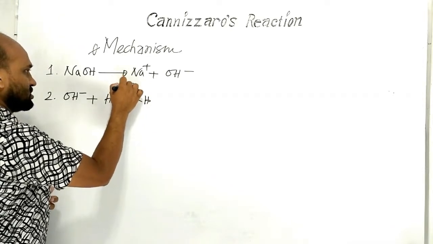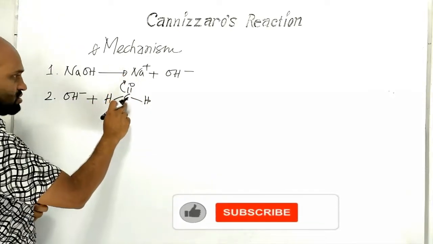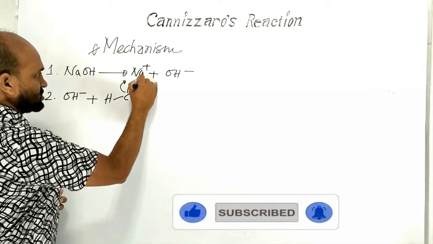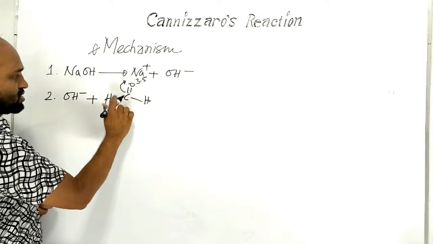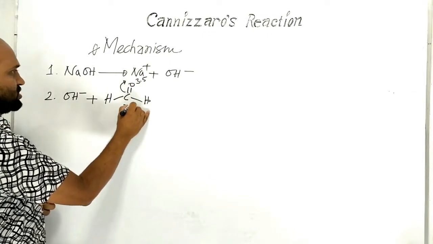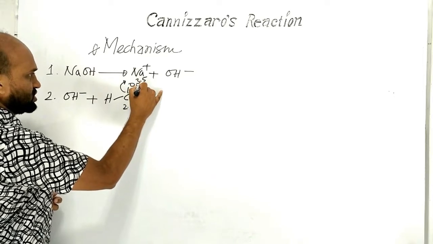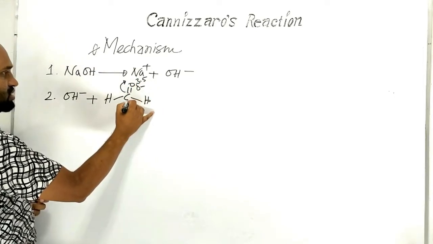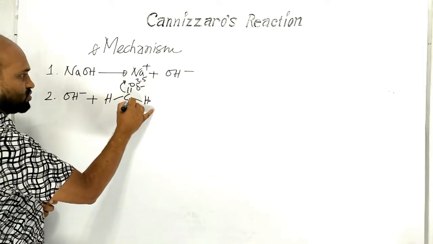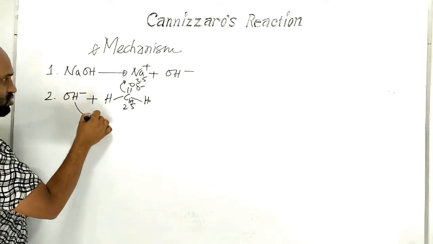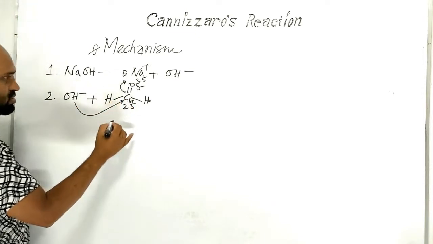Oxygen is more electronegative than carbon. Oxygen's electronegativity is 3.5, carbon 2.5. So oxygen gets partially negatively charged, carbon gets partially positively charged. So this negative ion combines with this carbon.